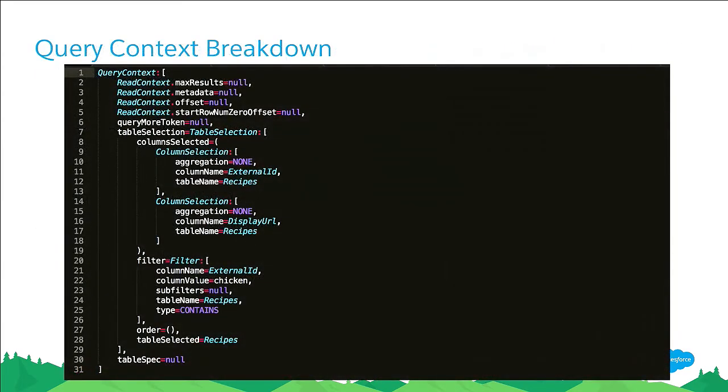My clicker works. OK, so this is just the query context I've dumped out. You need to go through this and consume this information so that you can query that external data source. At the top, we've got the query more, the pagination fields. Then we've got the table selection, so what columns is the user actually selecting?